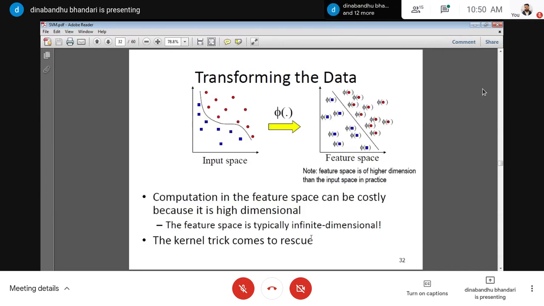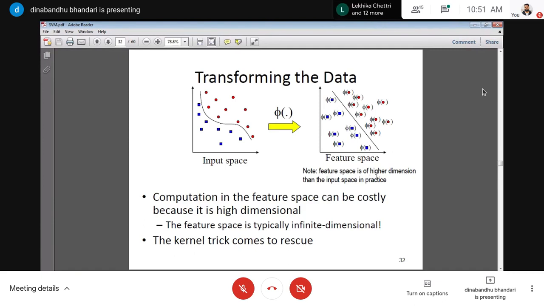This is another example. These are the points which are not linearly separable. Now you transform these points using some function phi, where each point becomes phi of that point. Every point has an image, and you see that it is linearly separable. But again, this one is the input space, and this is the feature space.